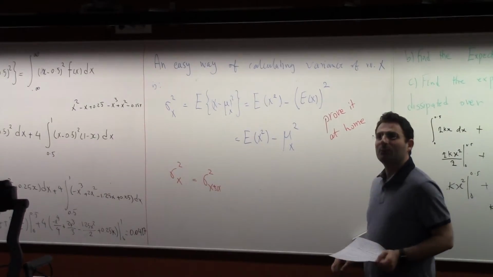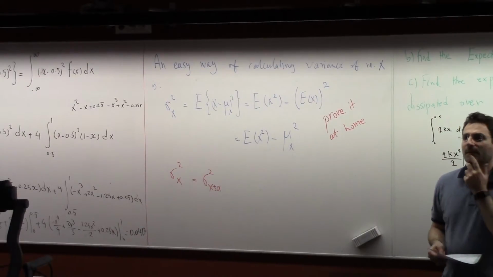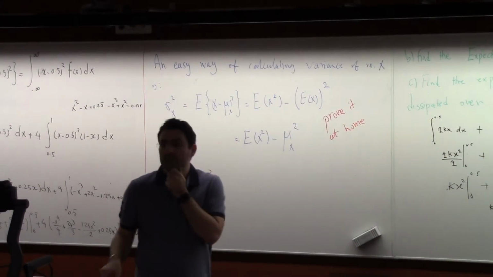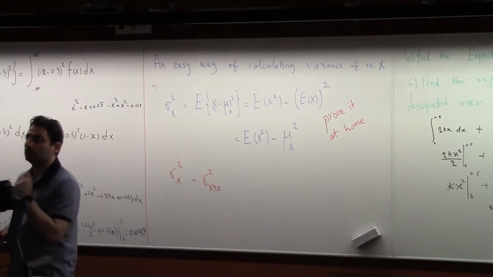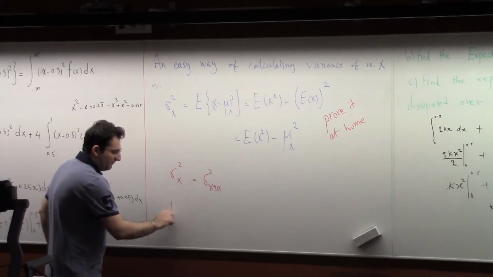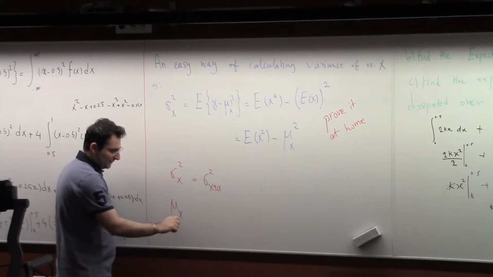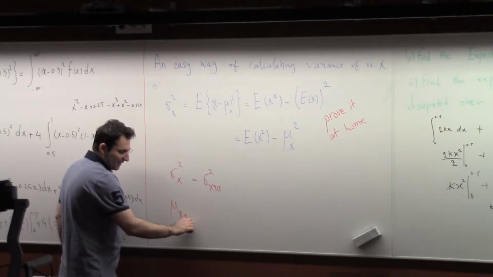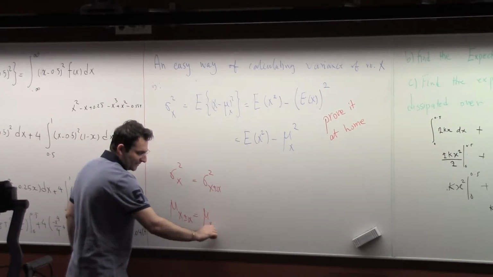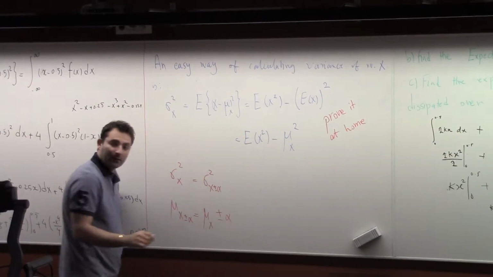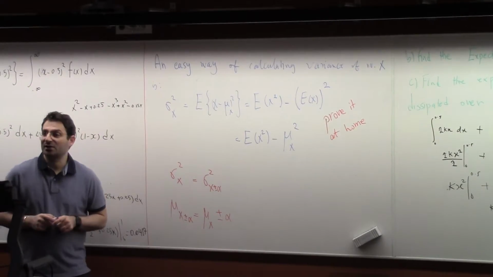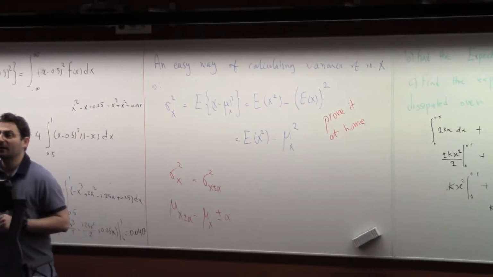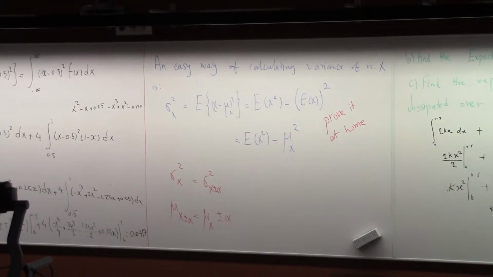What if I multiply my random variable? Remember, mu of x plus or minus alpha is mu of x plus or minus alpha. The expected value is changing by the shift. But what will happen if I multiply by a number?